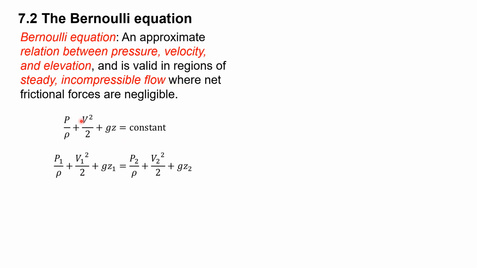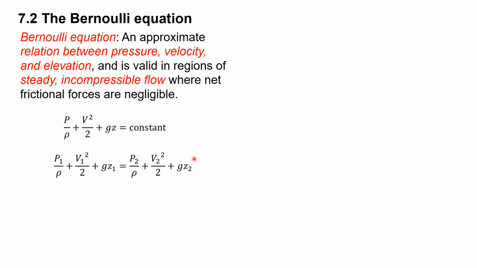Okay, so this is the formula of Bernoulli, or we call it Bernoulli's equation: P over rho, pressure over rho, plus velocity squared over 2, plus gz, g is gravity, equals constant. Let's say you have 2 points, point 1 and point 2.